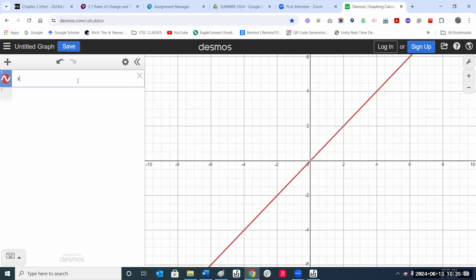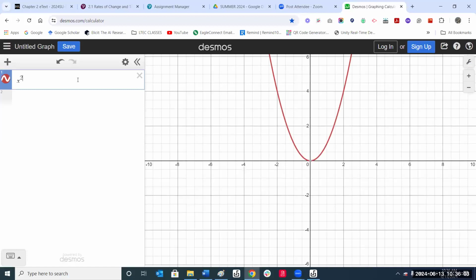So we have x squared plus y to the 4th equals 5. It's like an oval.